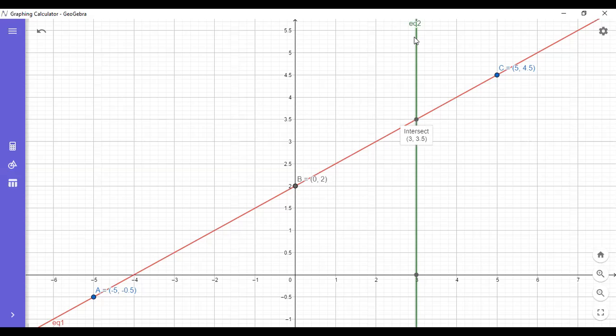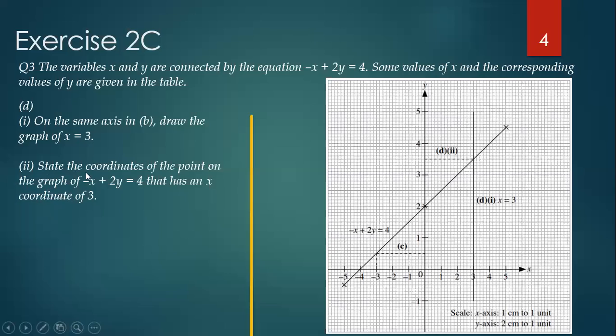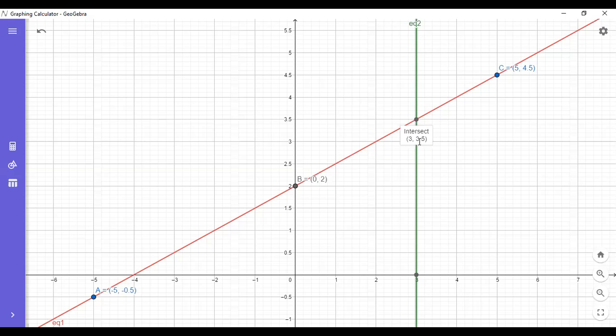All right, so you are going to write here: state the coordinates of the point on the graph that has x coordinate of 3. So y will be 3.5. So there we go. This is our answer, 3.5.